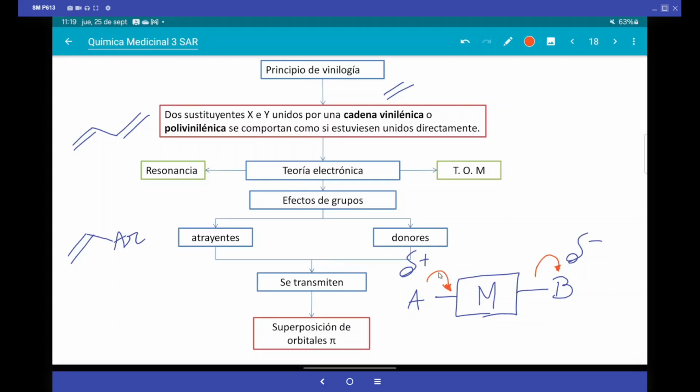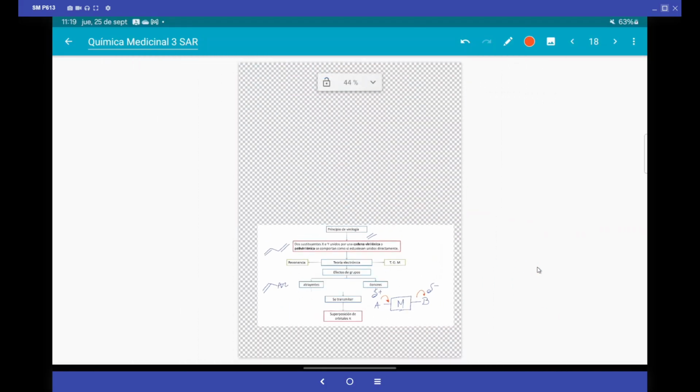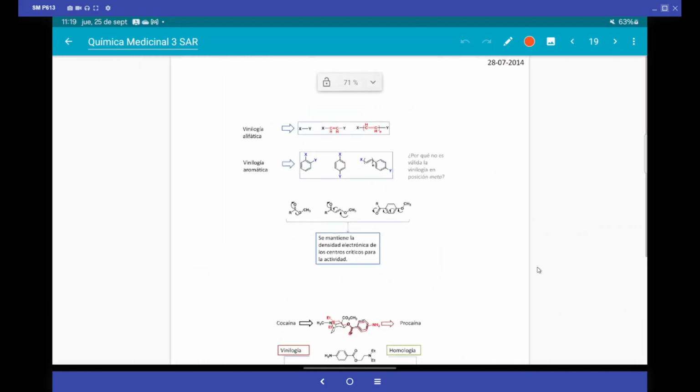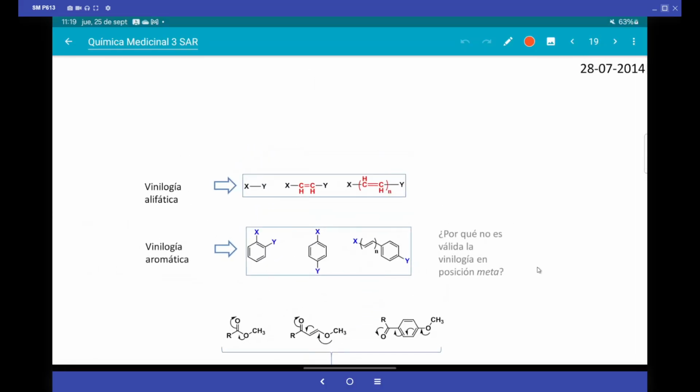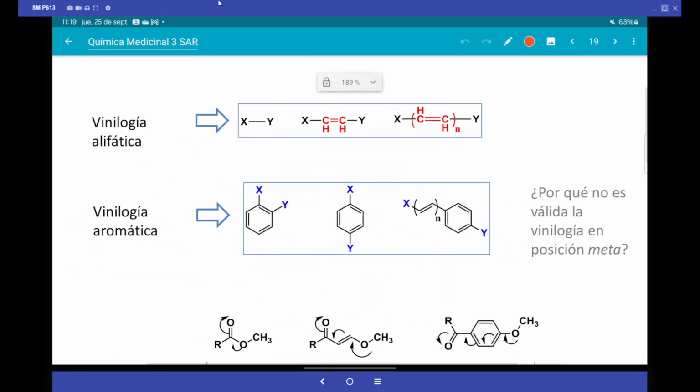As electrons flow through the molecule, precisely a strategy is through resonance. The electrons move from one place to another. Then here is aliphatic vinylogy, where X and Y are important groups for activity.